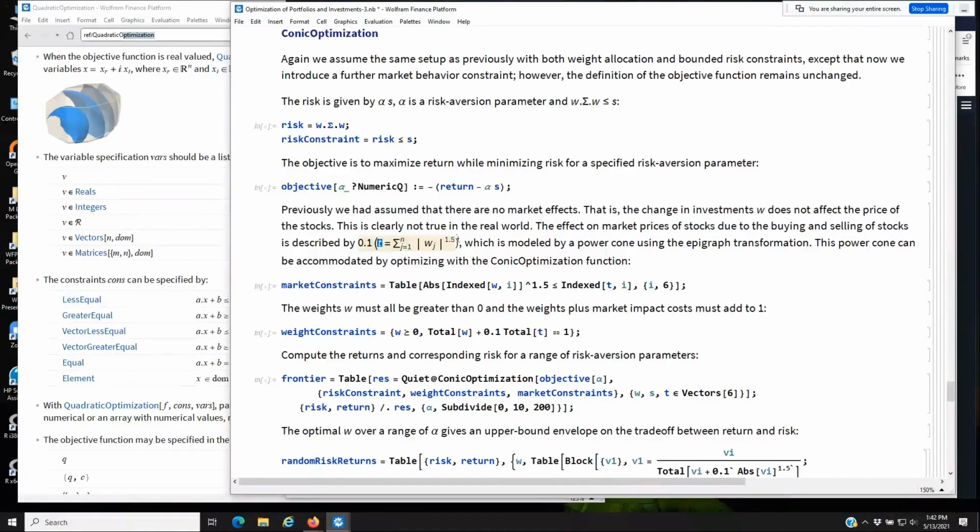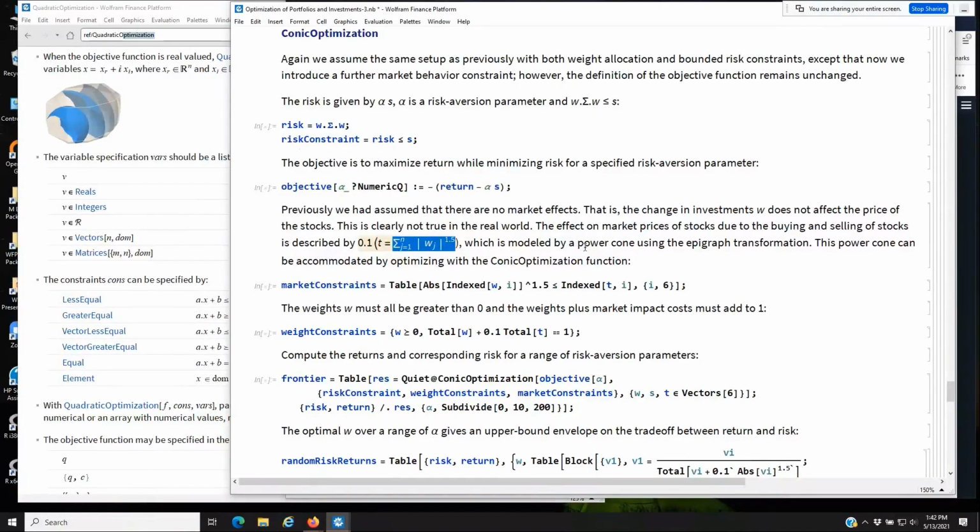So this interaction effect is basically, for each allocation that you make for stock J, going to be the absolute value of that stock raised to the power 1.5. And then I add up for all of my investments.